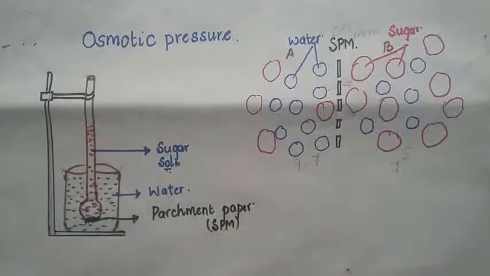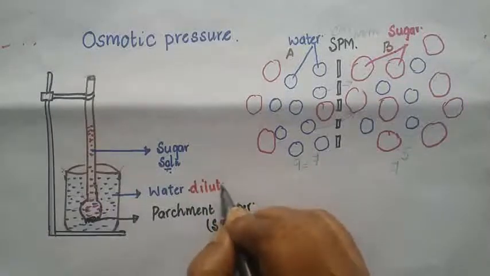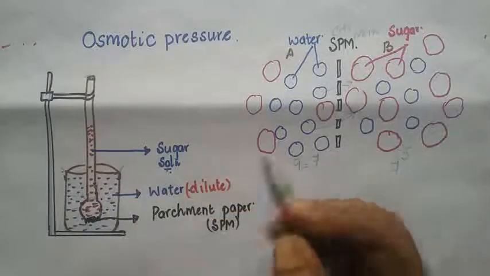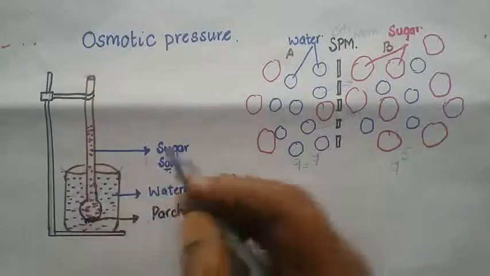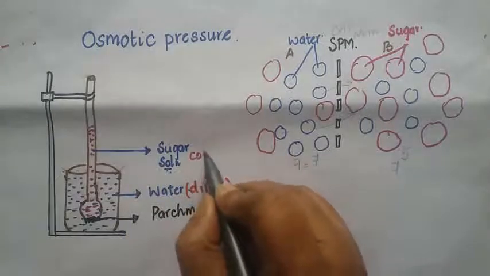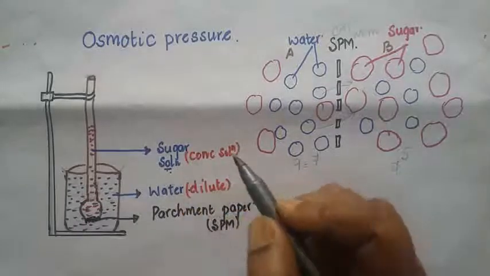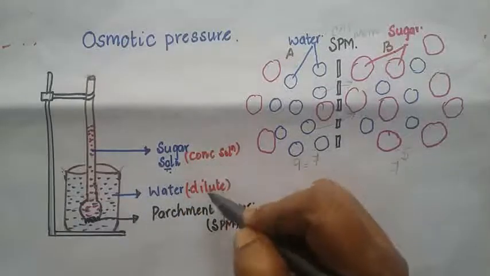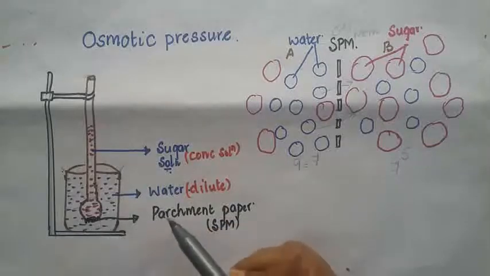So water behaves as a dilute solution and the sugar solution found in the thistle funnel behaves as a concentrated solution. Okay, so two solutions are separated by a semi-permeable membrane.